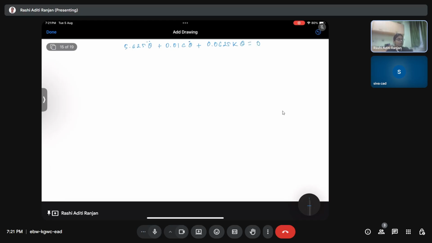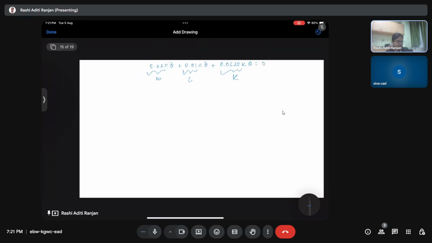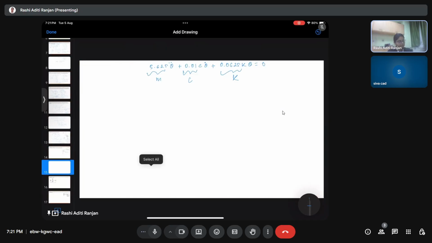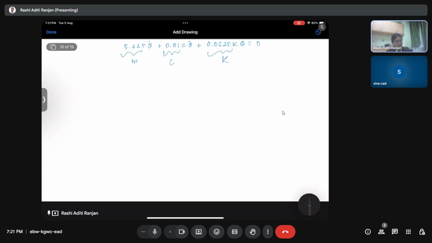Now, for this equation, if I try to find out the logarithmic decrement, how am I going to do it? See, first things first, we'll try to find out omega n. What was omega n? If we relate it to m, c, k, and if I want to find out omega n, which is already given as 5 hertz, we get omega n is equal to 5 hertz.